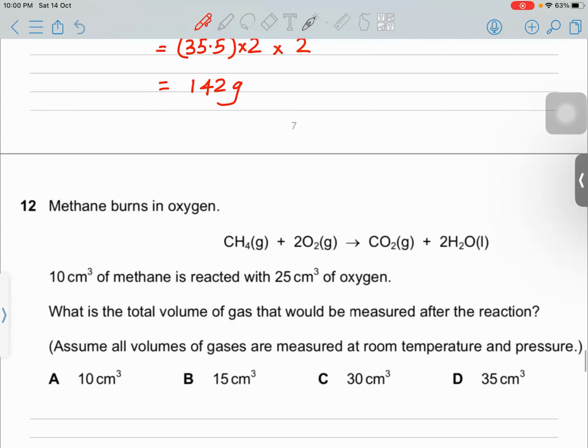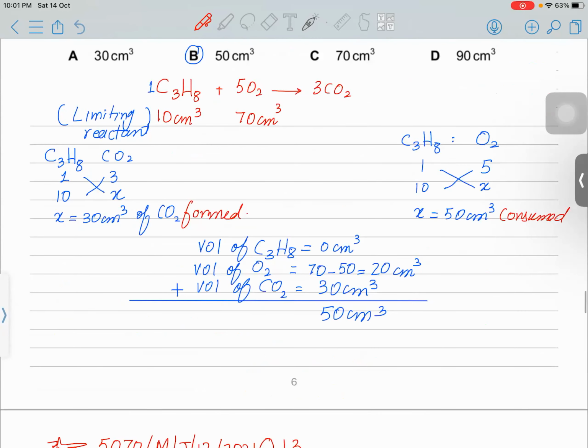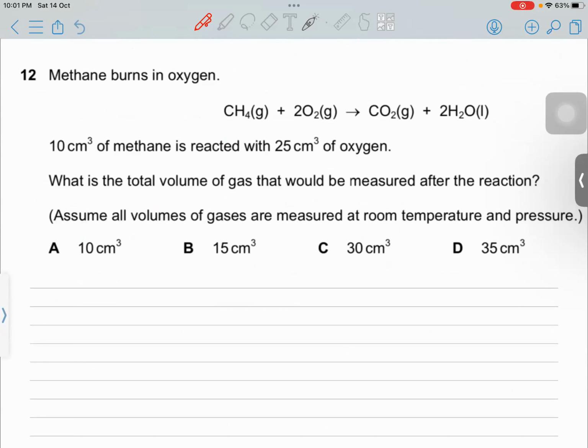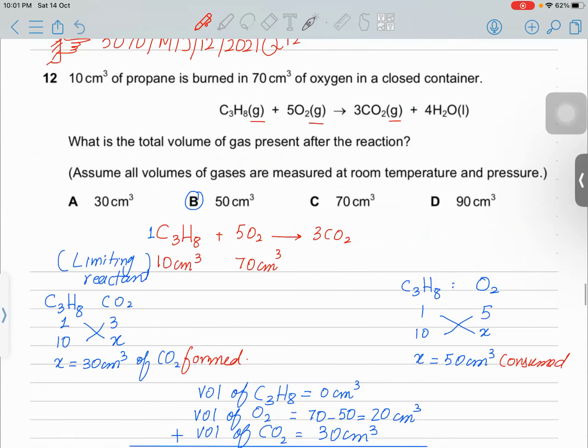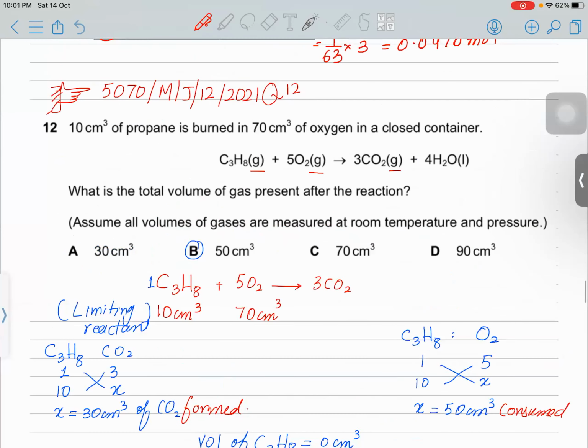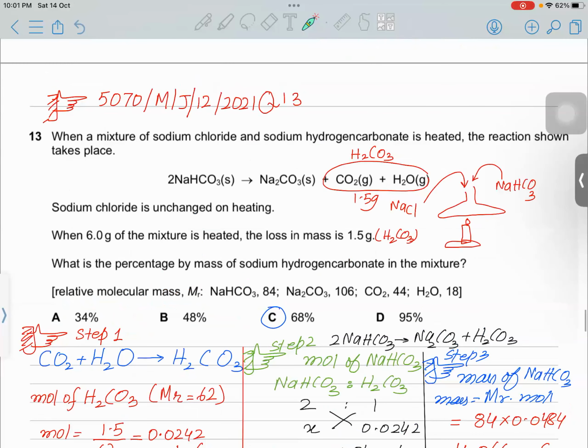Same question, you can see that, but the compound is different. Now you can try. Look at this question number 12, which came in 2021, May, June. Same question, but here the reactant is different. Now try to solve it.